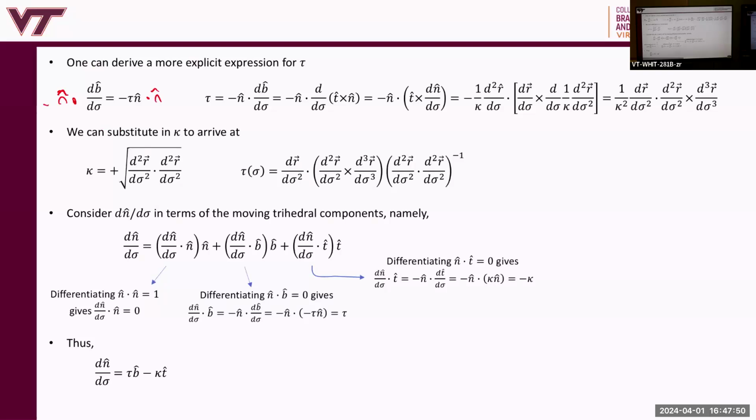So I get minus n hat dotted with dB/dσ. Well, B we know is defined as t crossed with n, so we can substitute that in. Oh, sorry, we've moved the derivative now. So from this step to this step, we have dt/dσ crossed with dn/dσ.